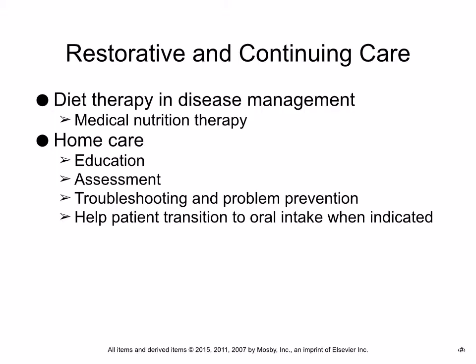Home care: the patient is at home on this special diet therapy, with education, assessment, troubleshooting, problem prevention, and help transitioning to oral intake when needed. So if somebody is going home on parenteral nutrition or on tube feedings, you need to educate both the patient, if he's alert, as well as the family member, on how to troubleshoot if certain things happen, how to check the gastric residual and all that, because they need to know exactly how to do the patient care for these feedings.